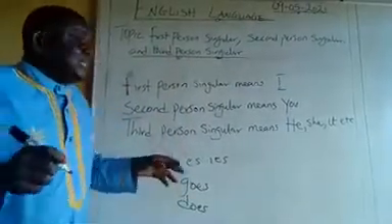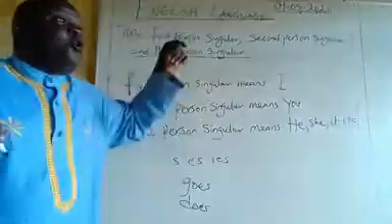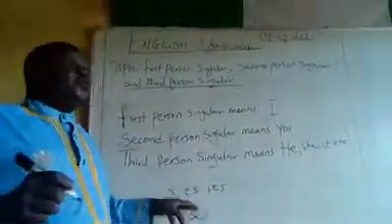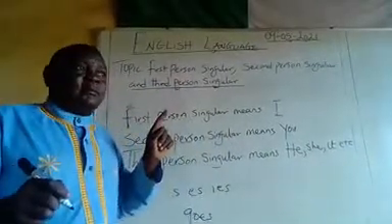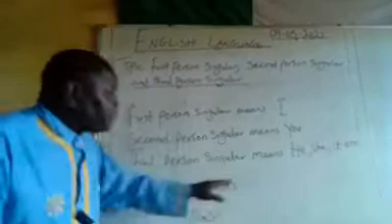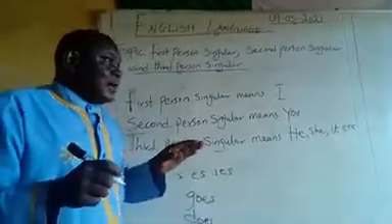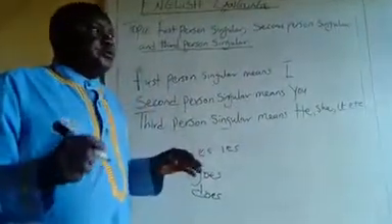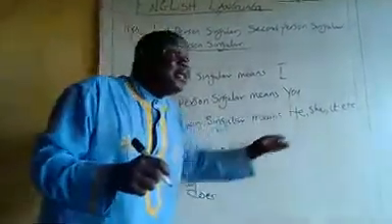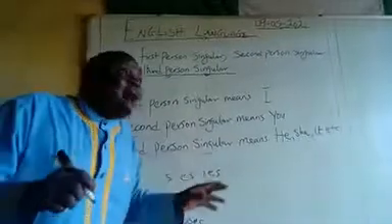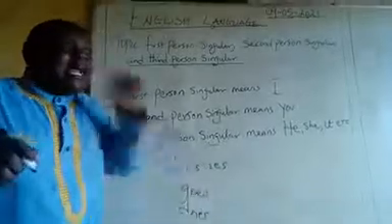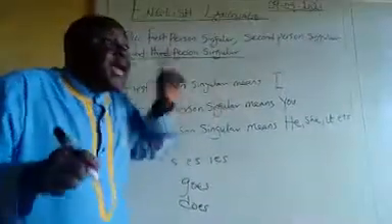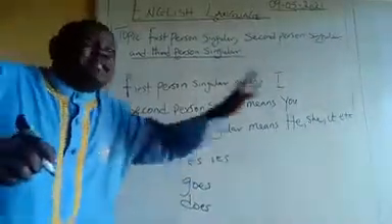Solomon is a noun, but he has fallen into the third person singular. For your information, for the fact that the third person singular has some verbs to be used, that does not mean a noun cannot make use of those verbs. A noun can make use of the verbs of the third person singular.